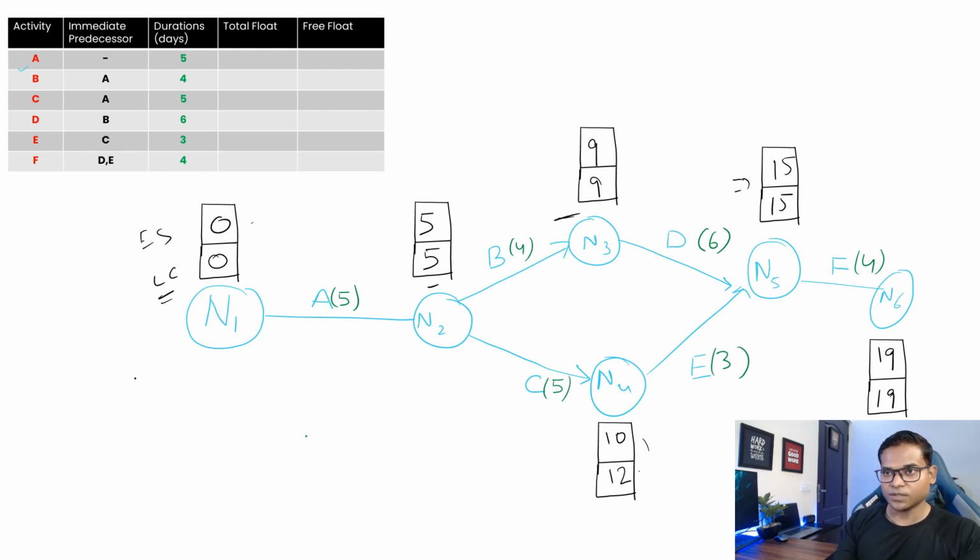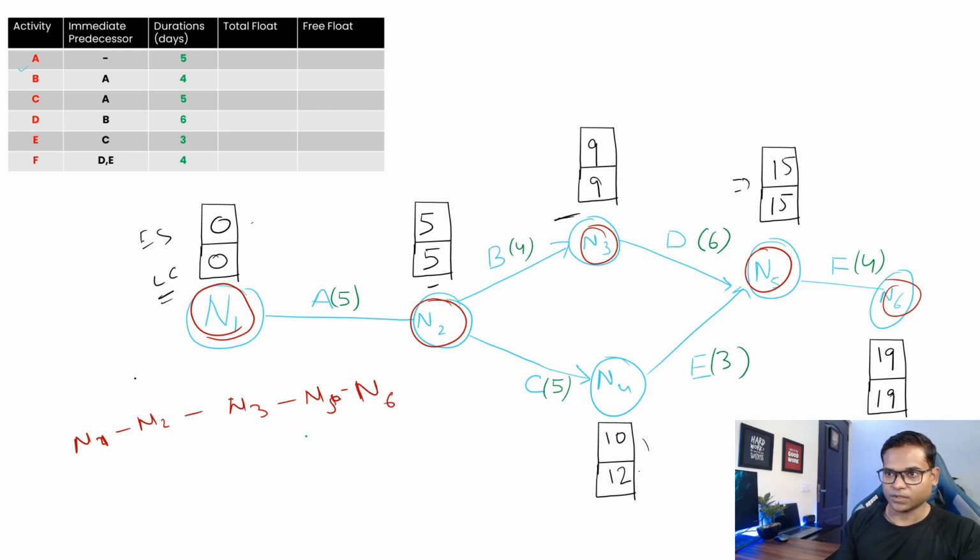So if we try to find our critical path, it should be node 1, node 2 and node 3, node 5 and node 6. So it will be your n1 to n2 to n3 to n5 to n6. If we take the activities, what are they basically?